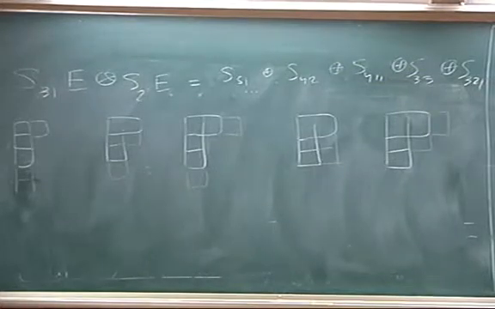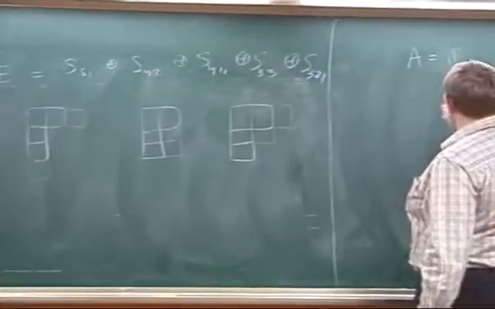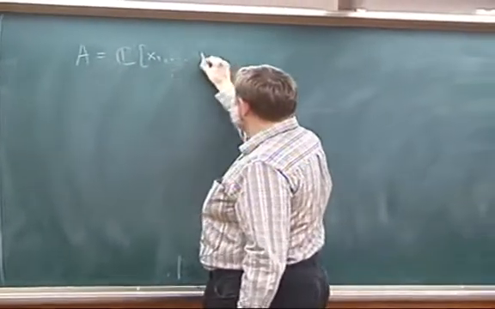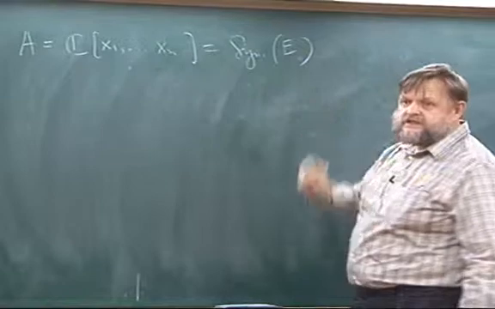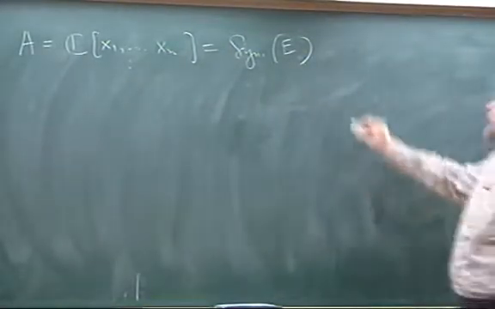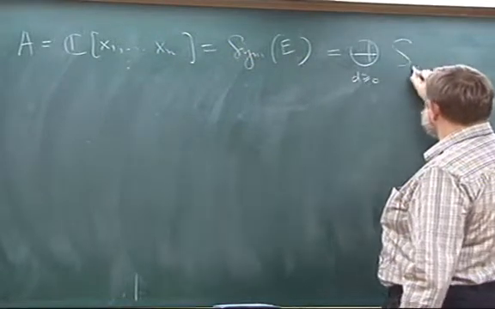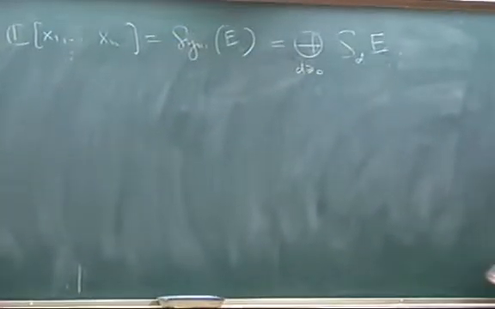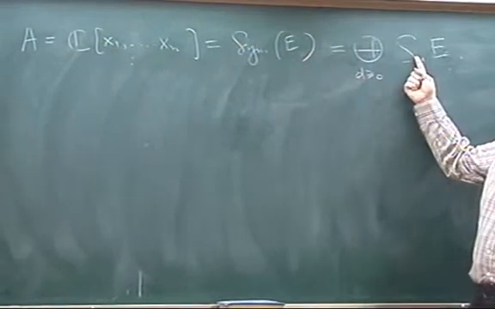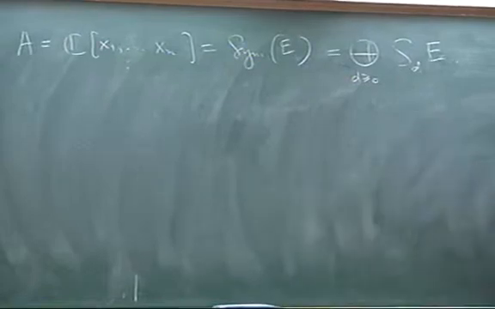The idea is that we have A, which is C[x1, ..., xn], and we think of this as the symmetric algebra on the vector space E. So this decomposes into the symmetric powers, and this homogeneous component, almost by definition, is just our Schur functor S_d E.